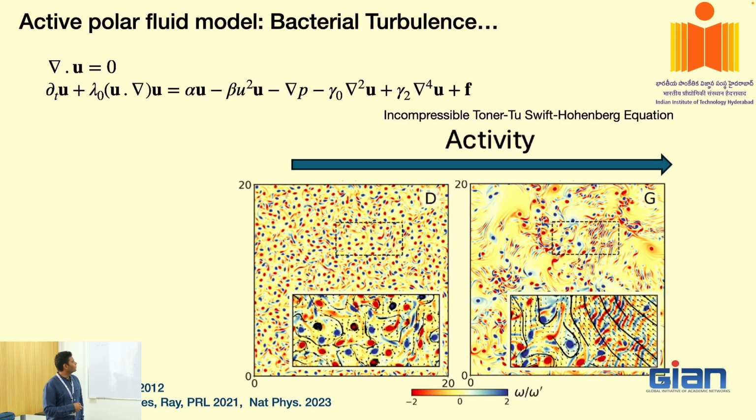Gamma 0 has dimension 1 by time, and the others are time divided by length squared and time divided by length to the power 4. If you do dimensional analysis, you can extract a time scale. So there are two time scales involved in this system. Which time scale dominates defines whether you are going to have a smaller length scale or a larger length scale.